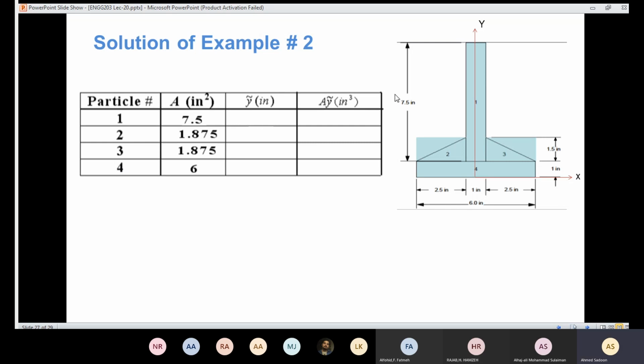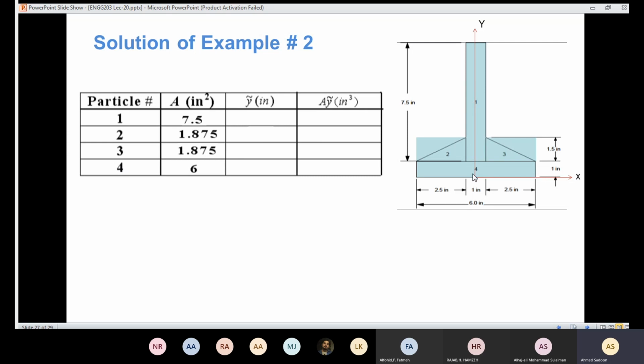Then I need to know the centroid in the y-axis for part 1. Remember, the y here is going to be from the origin. So I need to know the distance in y from the centroid of that part to that reference here. For that part, since the height is 7.5, the centroid is going to be located at 7.5 over 2, so from here to here.